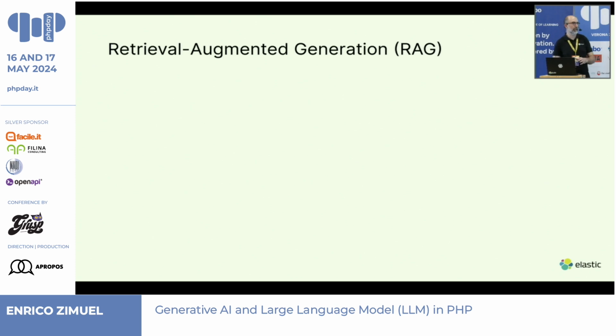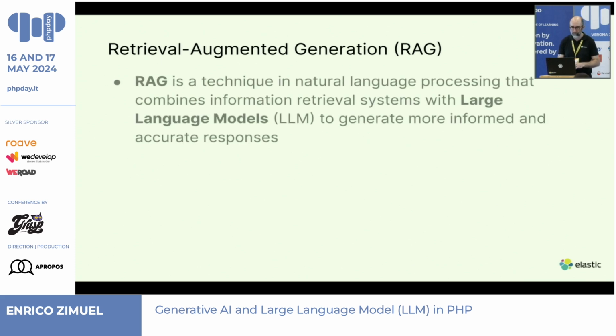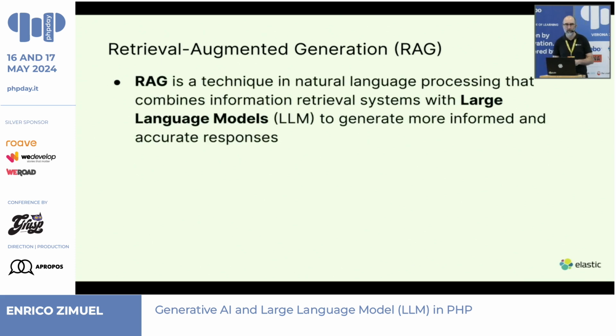Okay, but the very interesting use case of this generative AI, in my opinion, is this model. It's more of a framework than a model. It's retrieval-augmented generation. What does it mean? It means that I want to build a system that is able to search inside a private database using natural language.